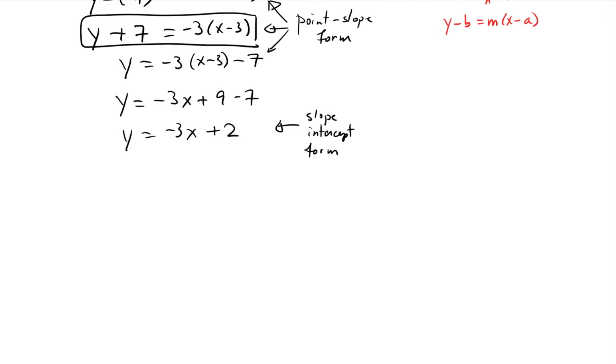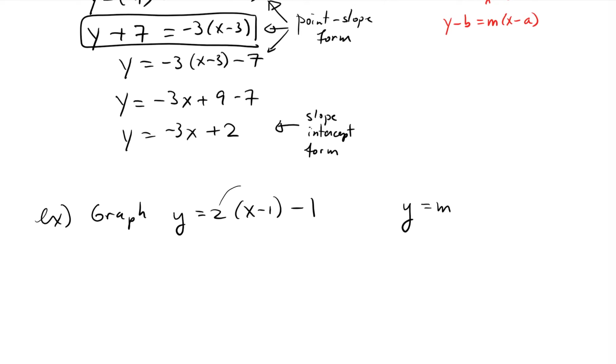Okay, so here's another example. Here we're going to graph y equals 2(x minus 1) minus 1. So that equation, I can recognize that it's in point-slope form. You see it's of the form y equals a slope.